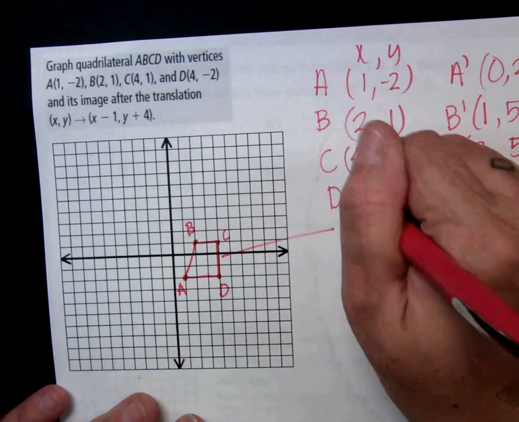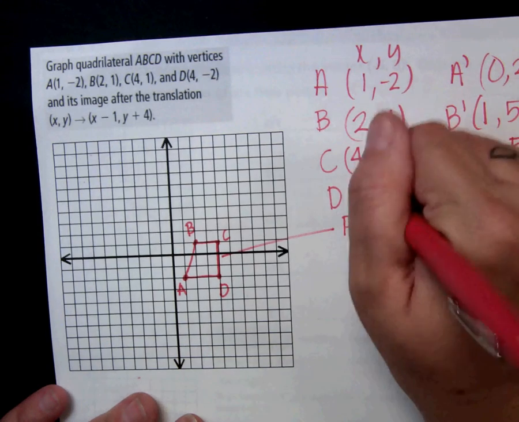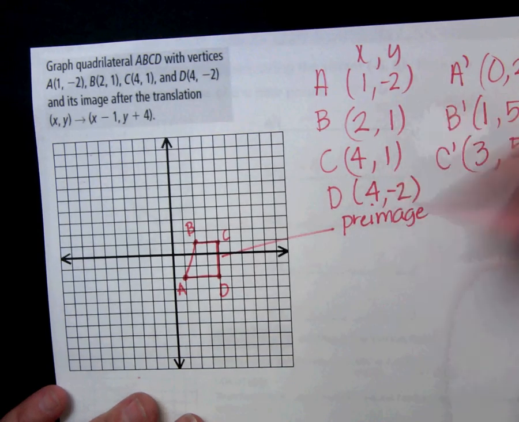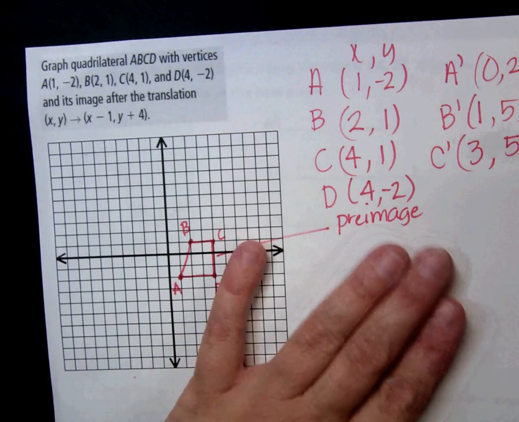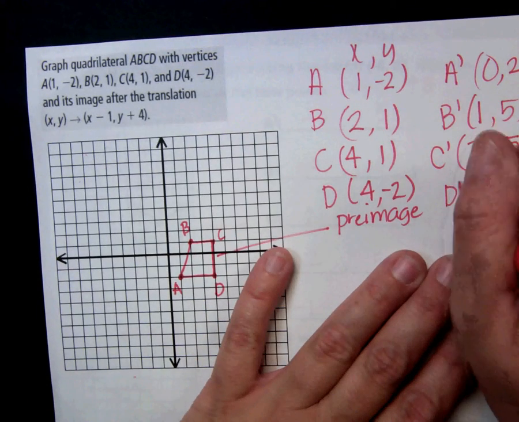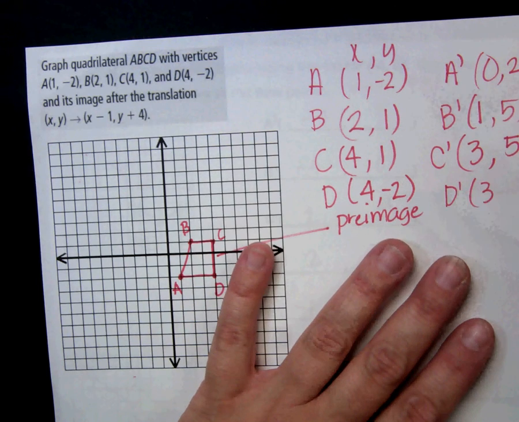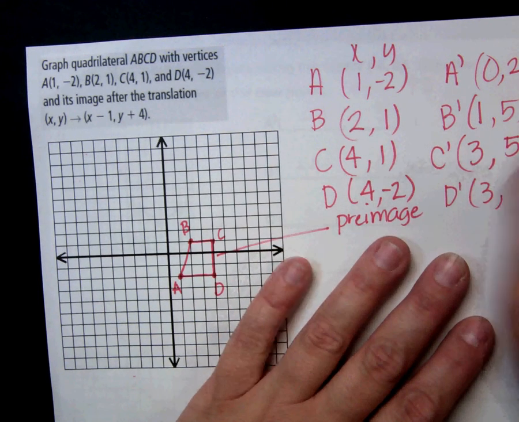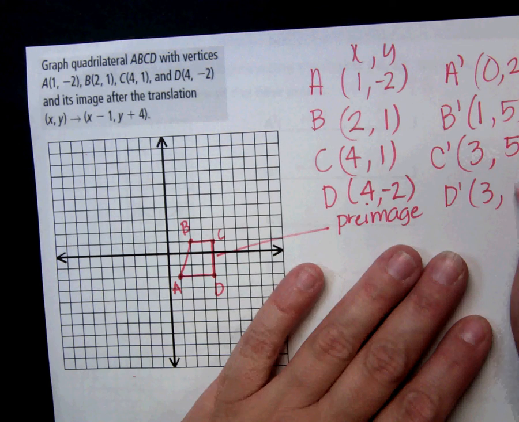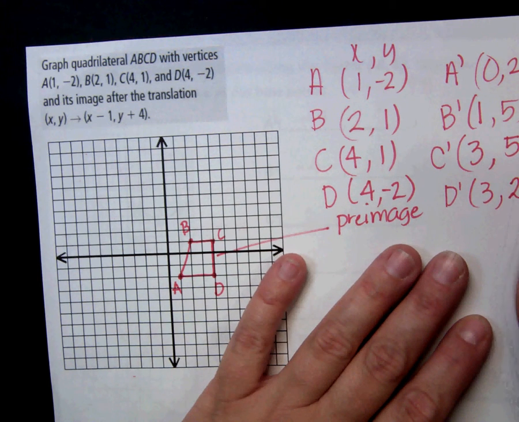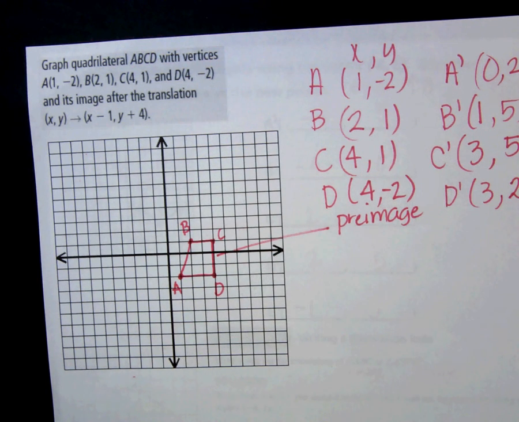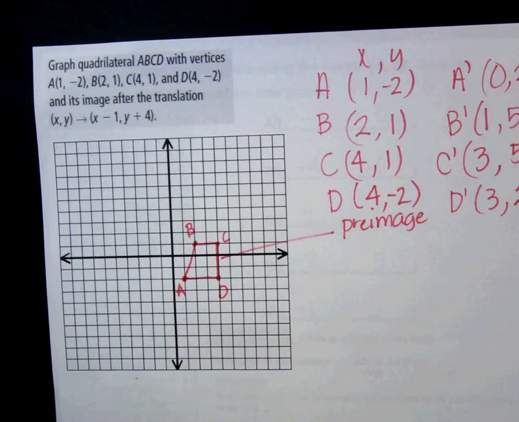And last, from our D, if we subtract 1 from the 4, we're going to get 3. And if we add 4 to this -2, we should get 2. So let's go and plot our new image.